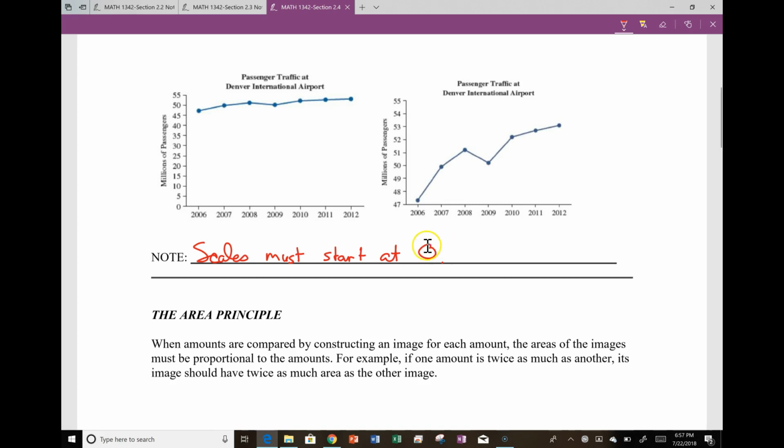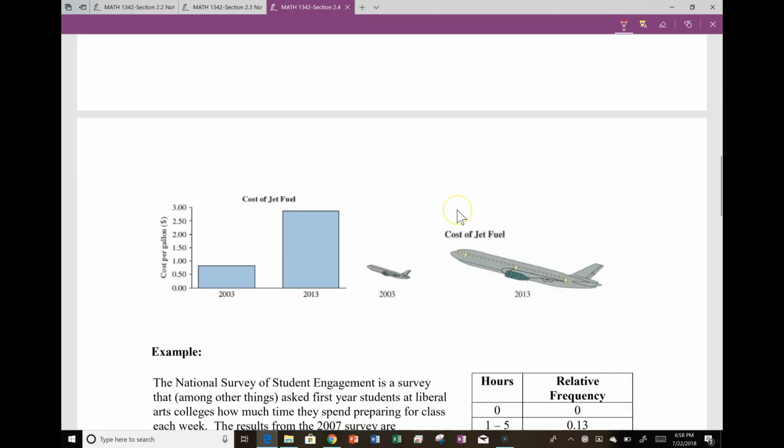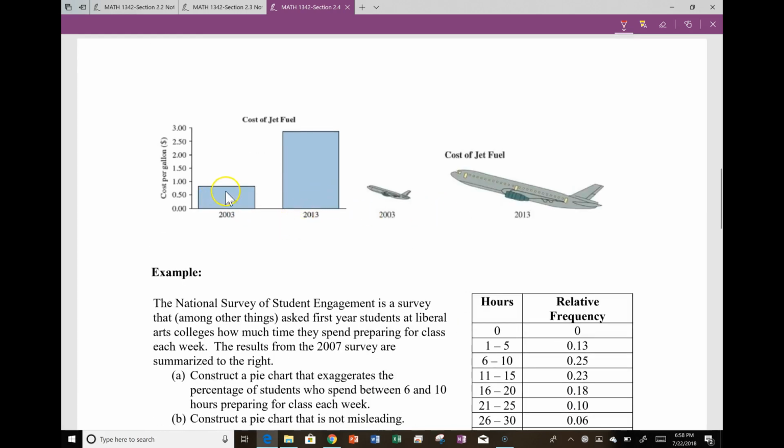Another type of misleading graph that we see quite often involves what we call the area principle. When you are comparing amounts, make sure that the width of your bars is proportional to the height. Okay? Notice on this one, the cost of jet fuel, my bars are the same width. I want to be consistent. The heights are different, yes.